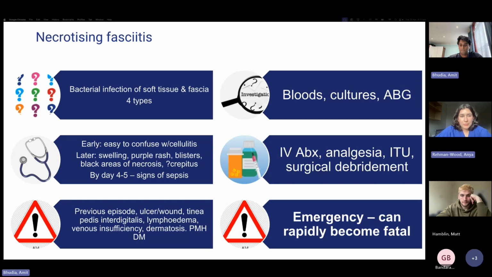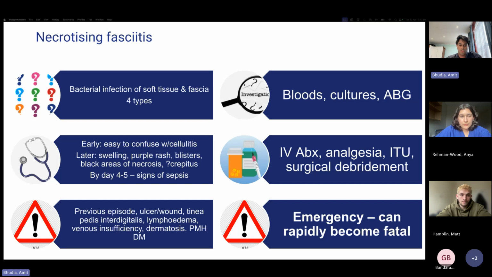Serious condition. Sorry, someone's asked, what's the difference between gas gangrene and necrotizing fasciitis? So gas gangrene is a type of necrotizing fasciitis, I believe. Like I said, there's 4 types caused by different bacteria or fungi.